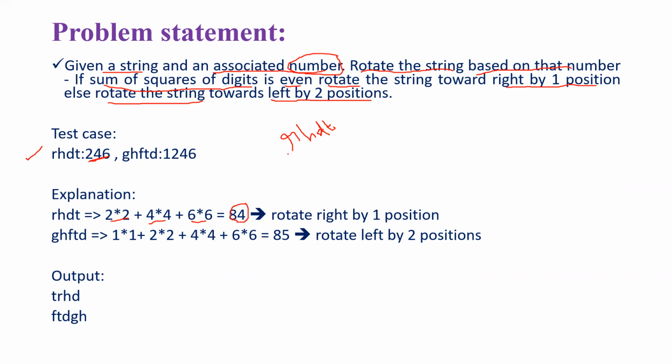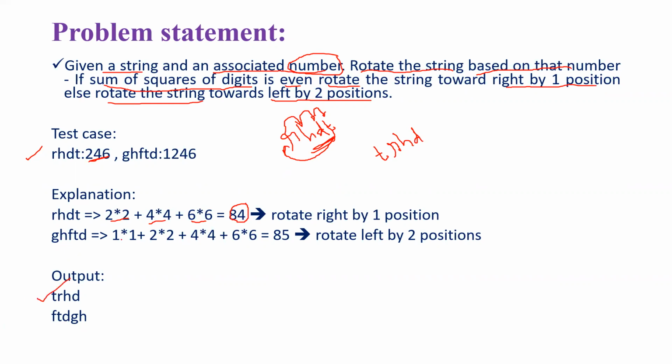In that case I need to rotate the string towards right by one position, right? This will be here, this will be here, this character will be here, and this character will go here, which means I will get the final output as TRHD by rotating one position right. This is going to be our output.